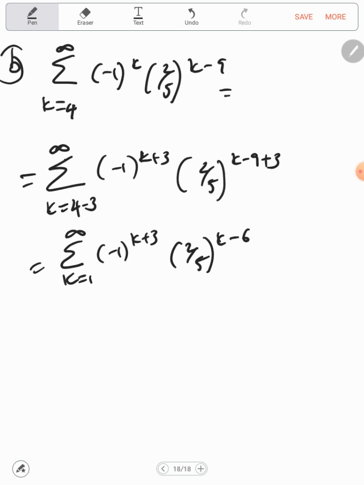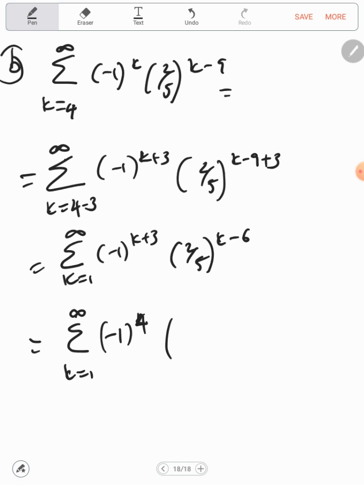Okay, so if we take out a 4 here, we want to remain with k minus 1, so we can take out a 4. Minus 1 to the power k, no, this will be 4.